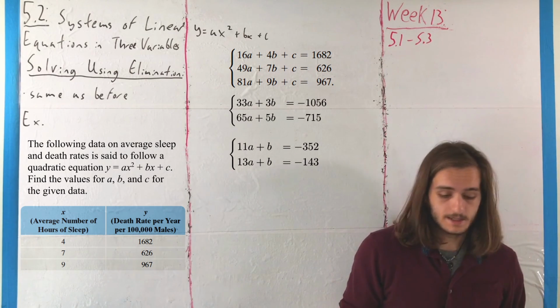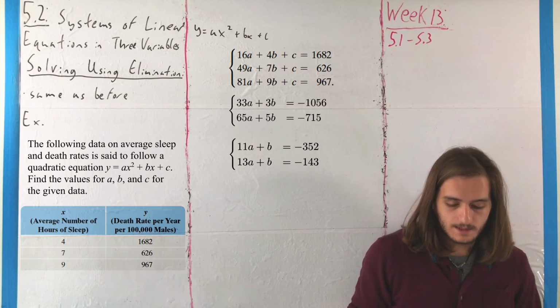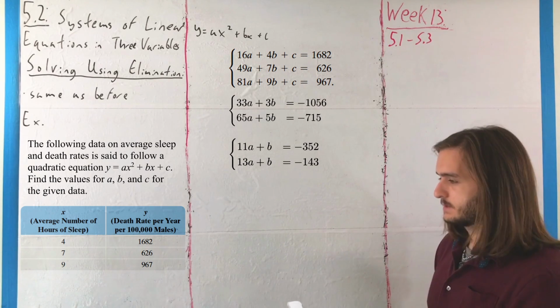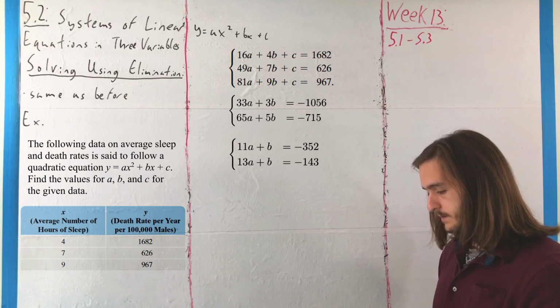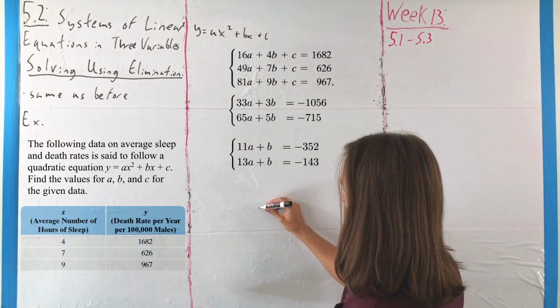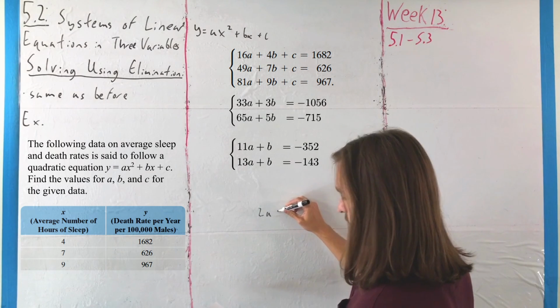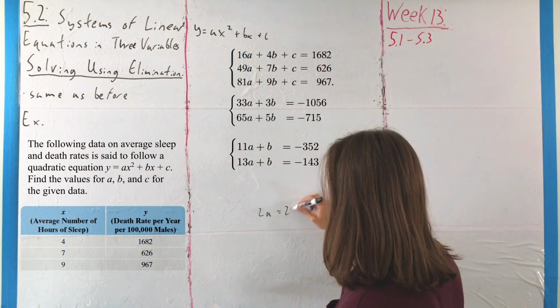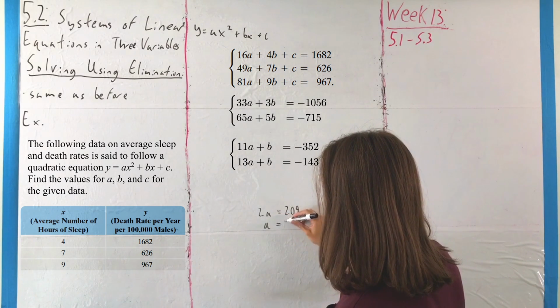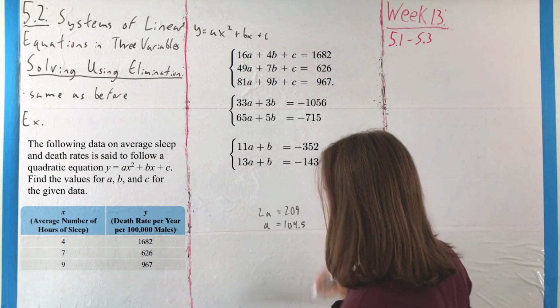So we're in another nice case for elimination. After subtracting one from the other, we would be left with 2a is equal to 209, or more exactly, a is equal to 104 and a half.